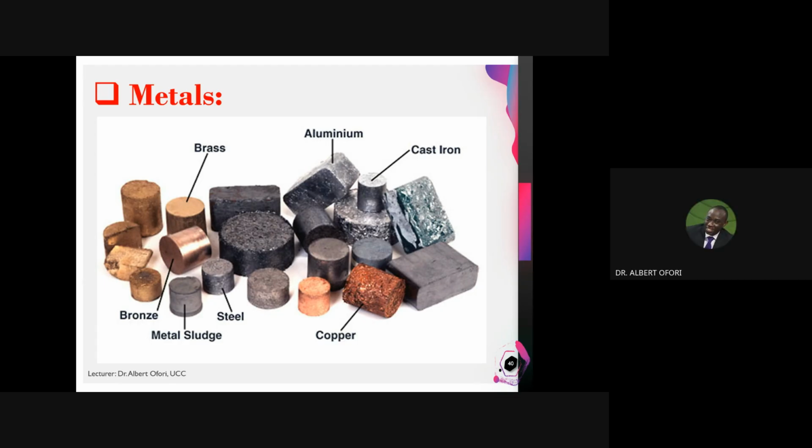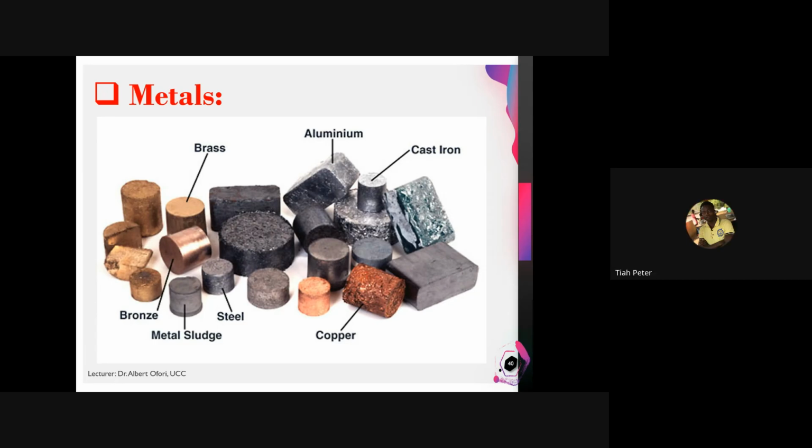Next person. They are ductile. Which means? Which means they can be drawn into wires and other things. Okay, the next one. They are good conductors of heat and electricity. Thank you very much.